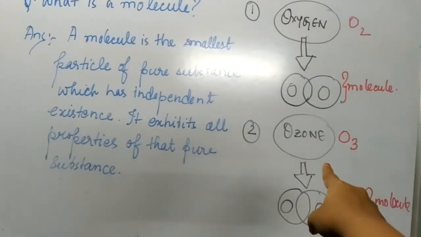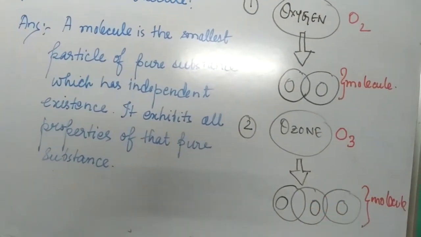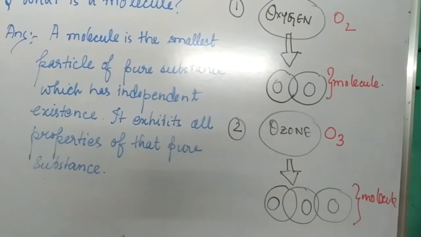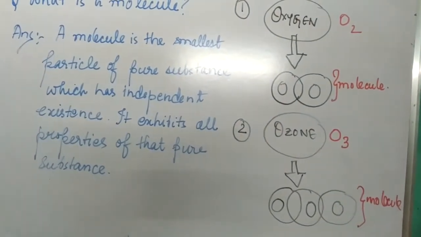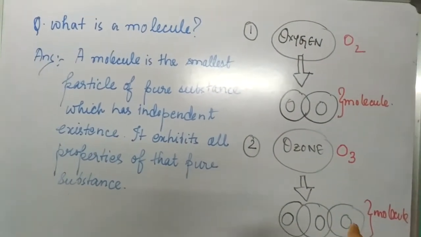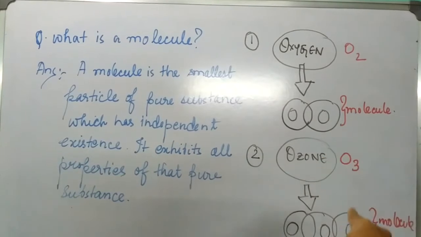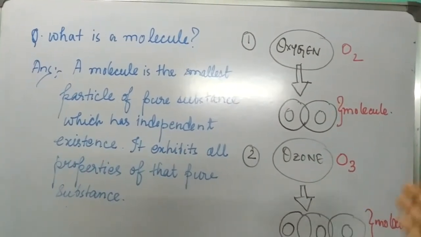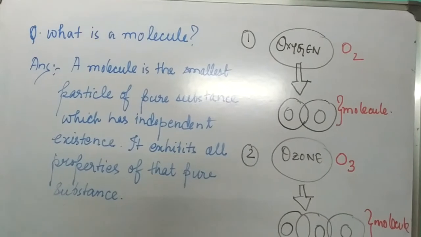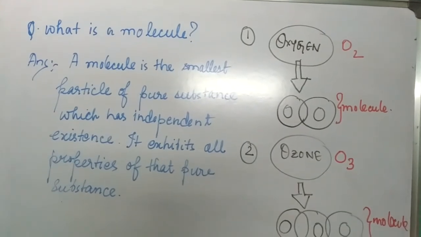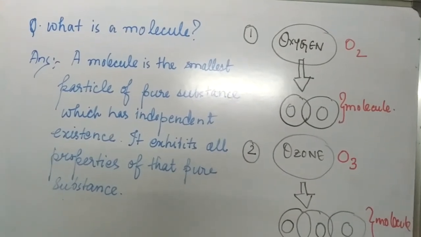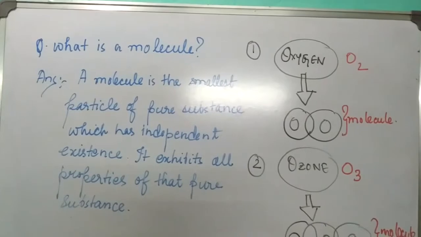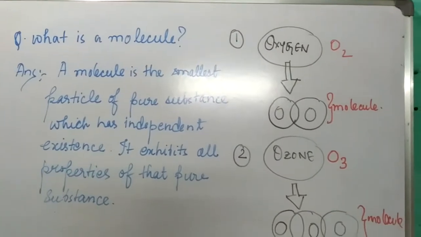Whereas ozone is having 3 atoms of oxygen and it's a molecule which is formed of 3 atoms. Again, the molecule of oxygen and molecule of ozone will differ from each other because they are becoming some other compound, other elements, and so on. So I hope you understood what is the meaning of a molecule.